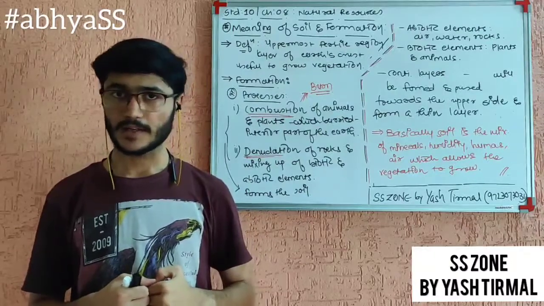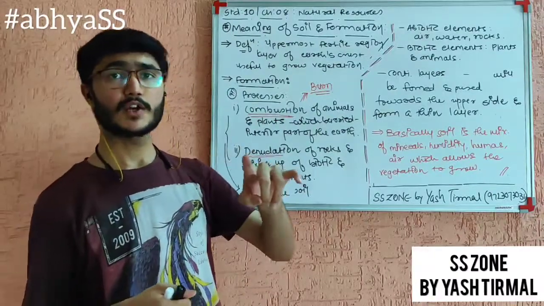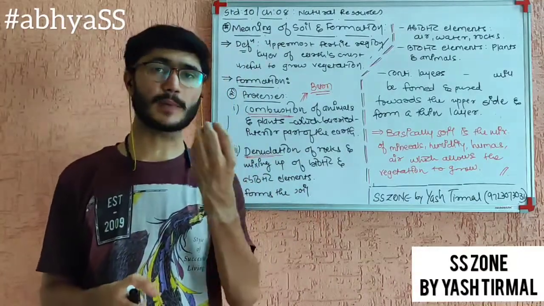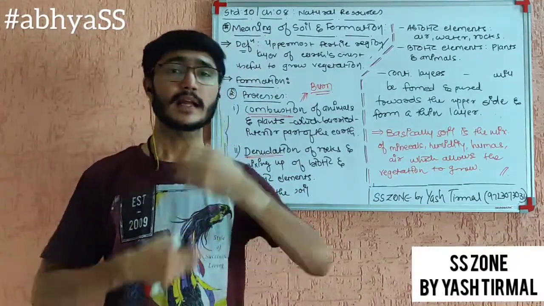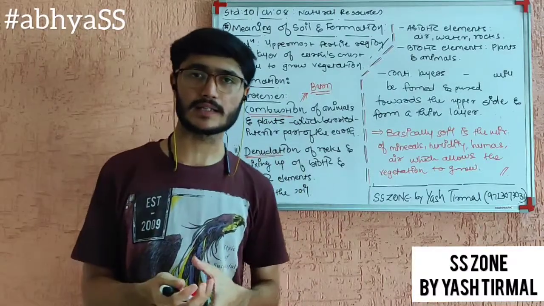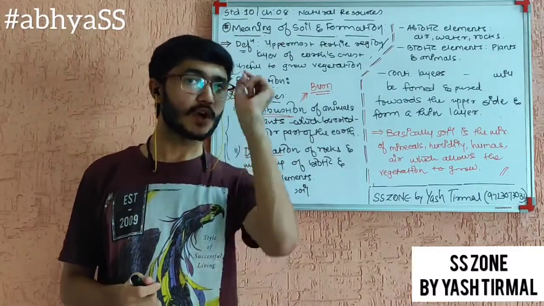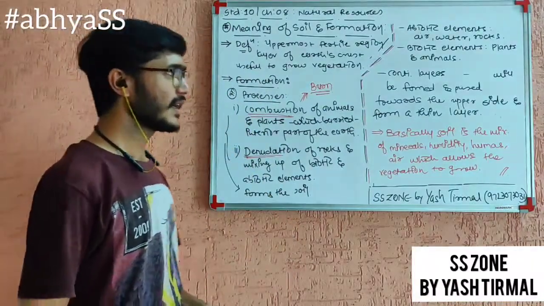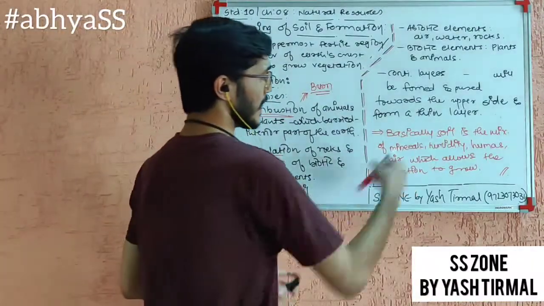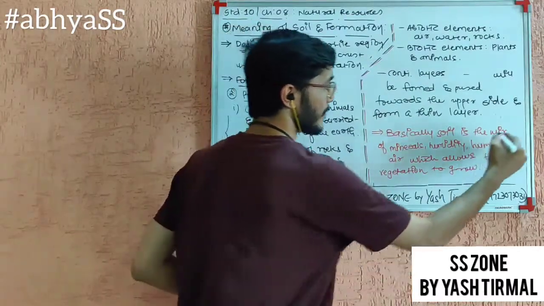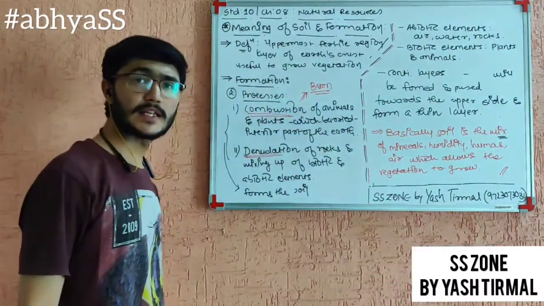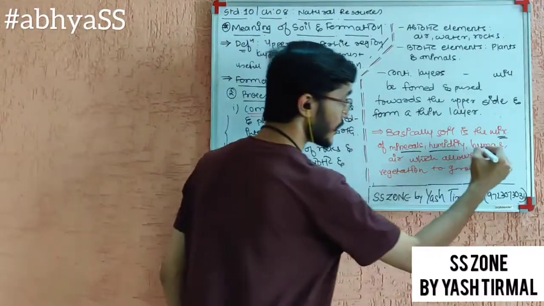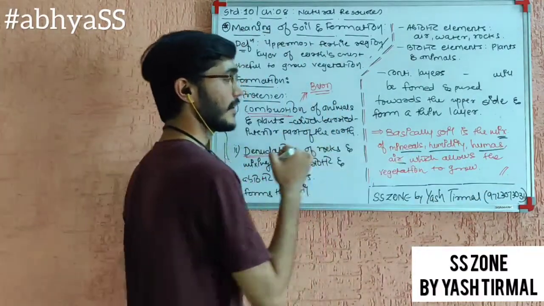So the combustion is done, due to which the minerals are formed. Second, denudation is done, due to which the particles of rocks are created. Then the mixing up of all these things will form your soil. So basically, one can say that soil is the mixture of minerals, humidity, humus, and air.